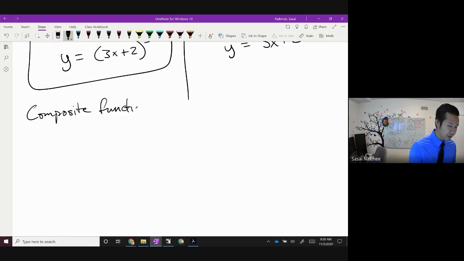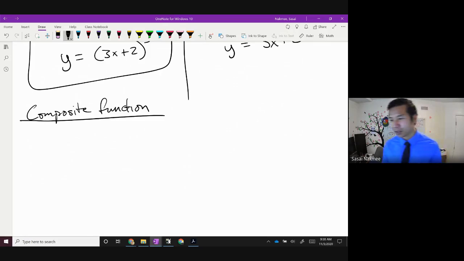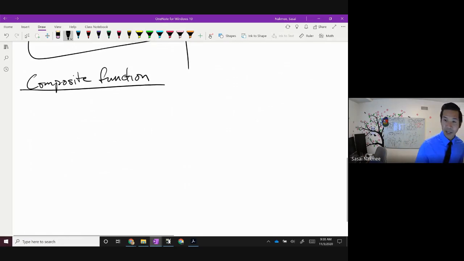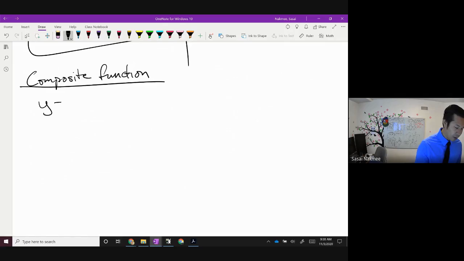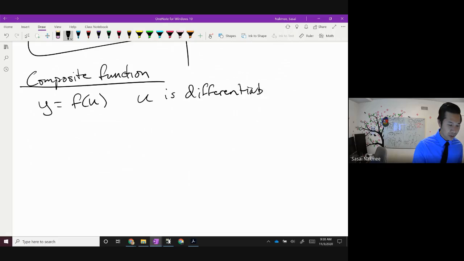Now they have crazy notations if you look online for definitions of these things. They go along the lines of saying, if y is equal to f of u, don't giggle, and they say that u is a differentiable function, and u is equal to g of x.